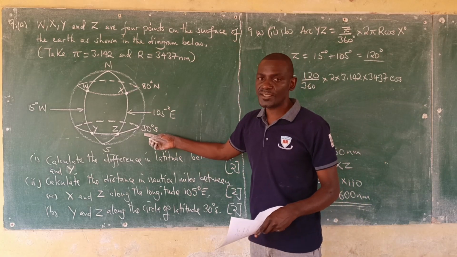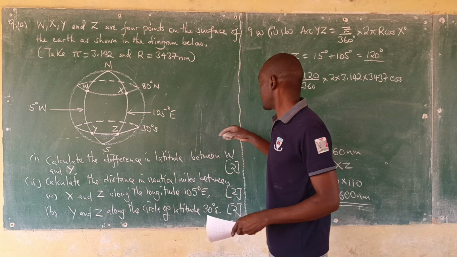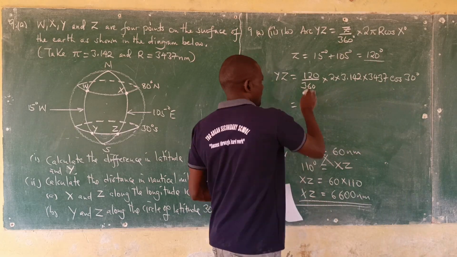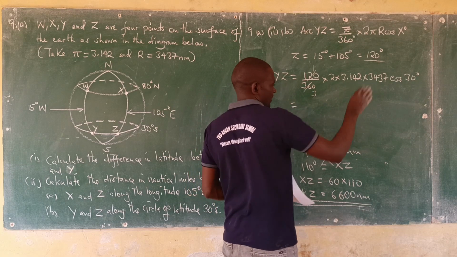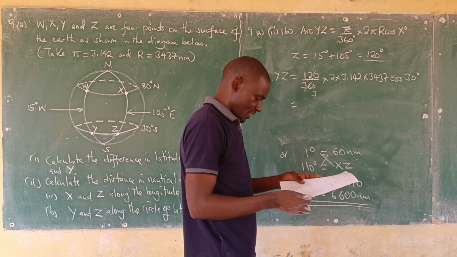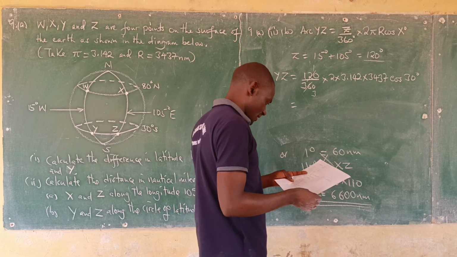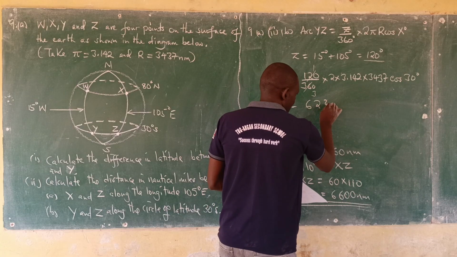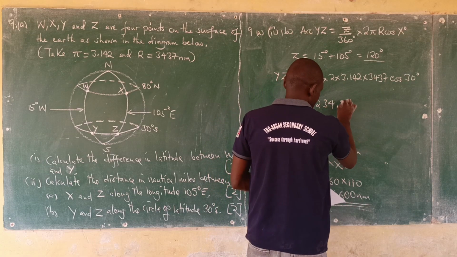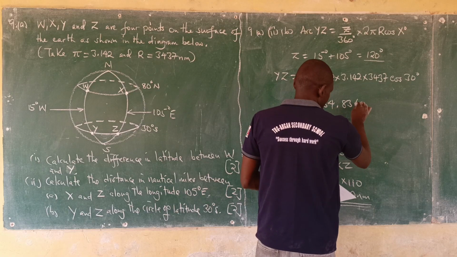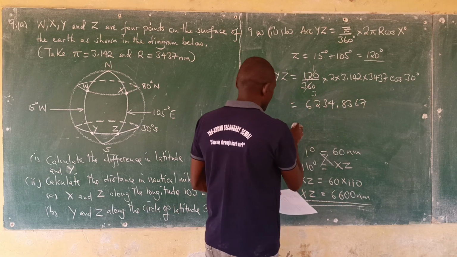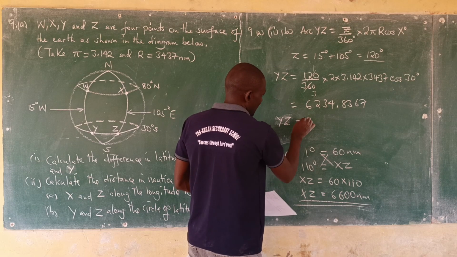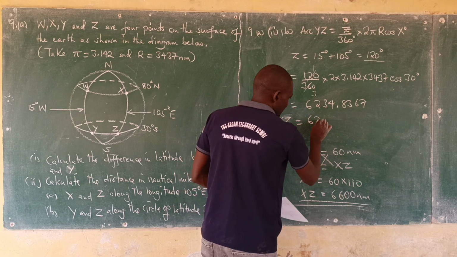The latitude is 30 degrees, so the value for x is 30. We'll put 30 degrees here. So you can simplify this one. And after doing your simplification, the answer is coming to 6,234.8367. So roughly, YZ is simply 6,230.